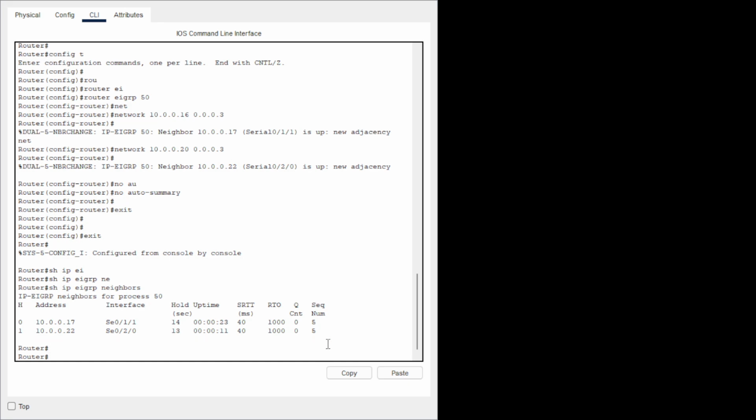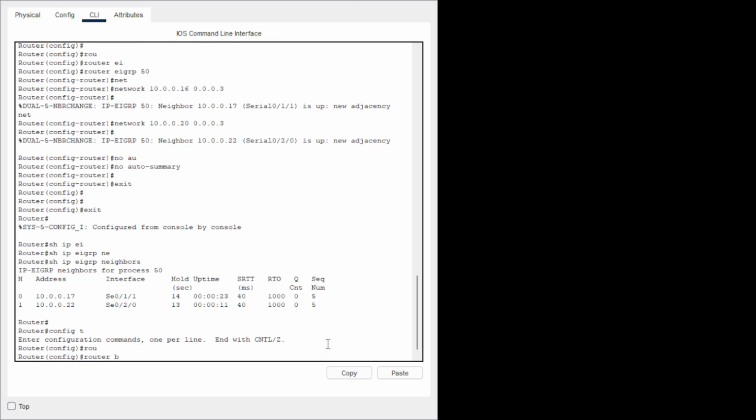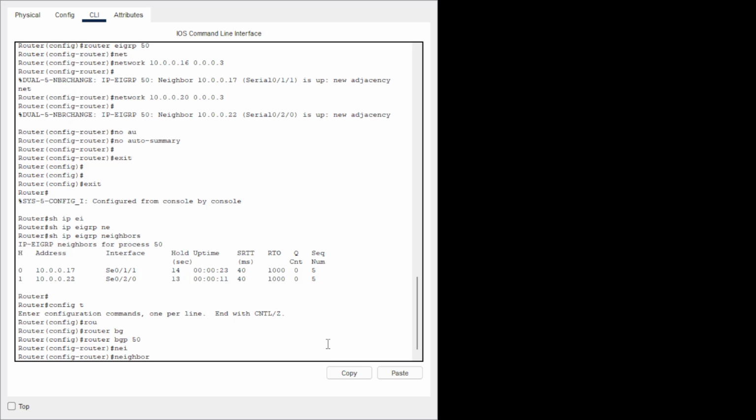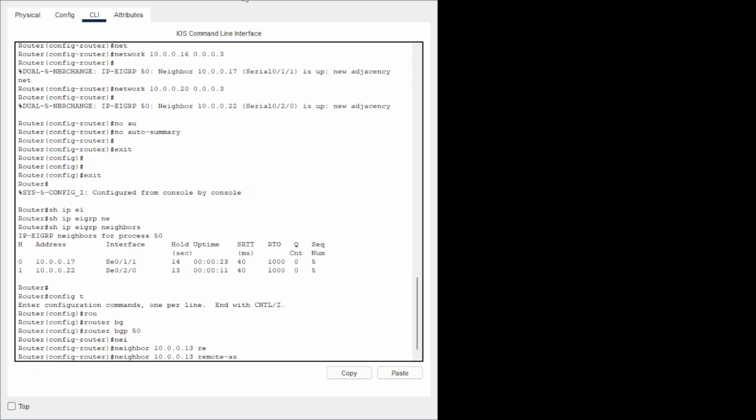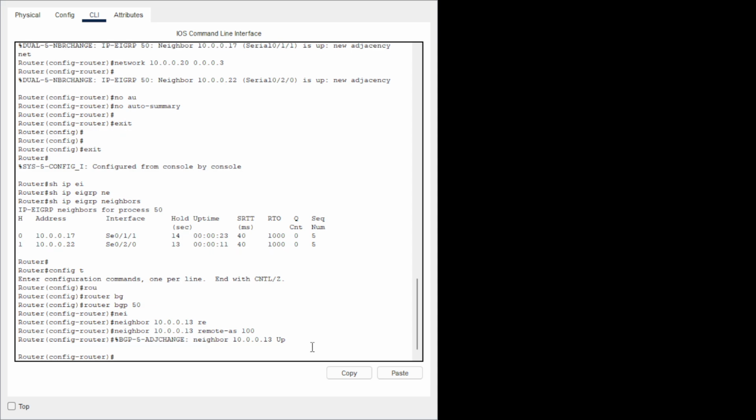Here config T and router BGP having ASN number of 50, and its neighbor directed to the BGP router is 10.0.0.13, having remote ASN of 100. So it also says neighborship has been created.